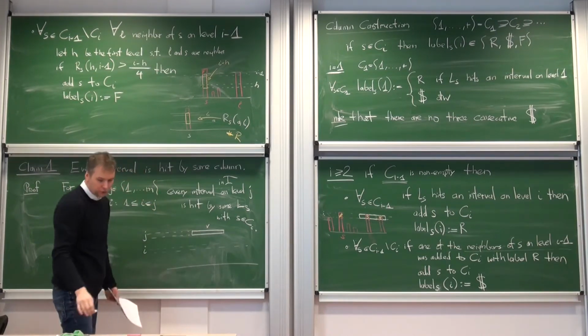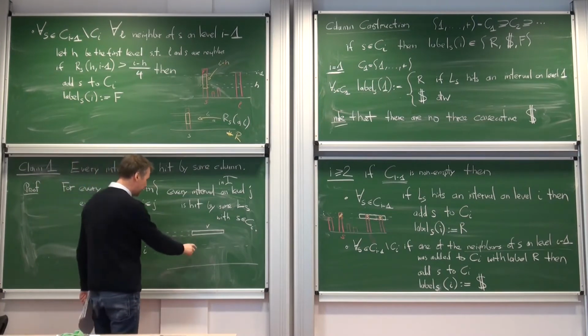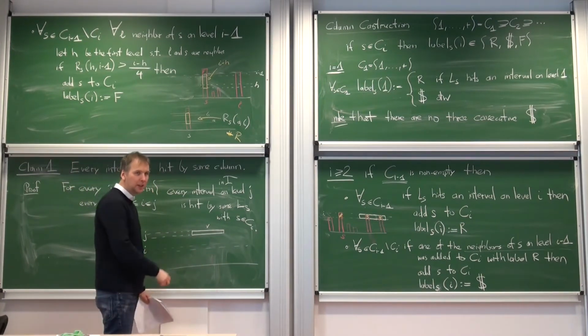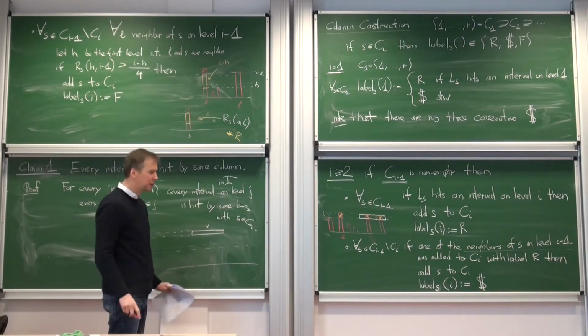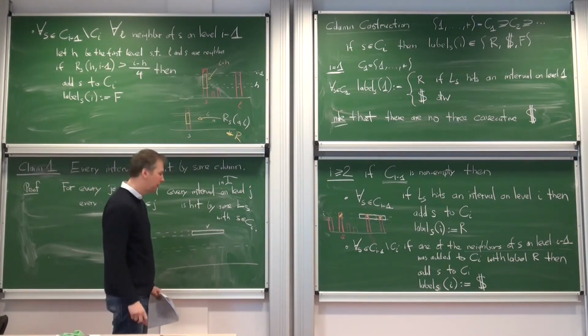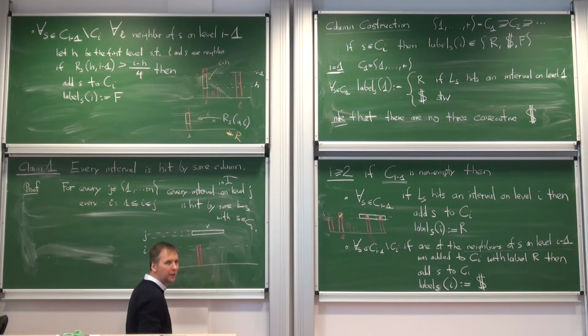And now we want to show that there is a column that is still alive on level i, such that the corresponding line hits our interval v. Yeah? So we want to show that there is at least one column that gets alive here. Yeah? We know that there is a line, but maybe the corresponding column drops out.